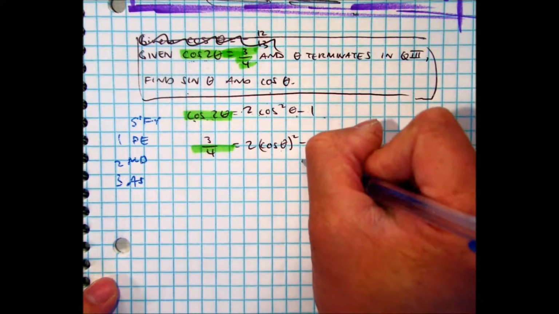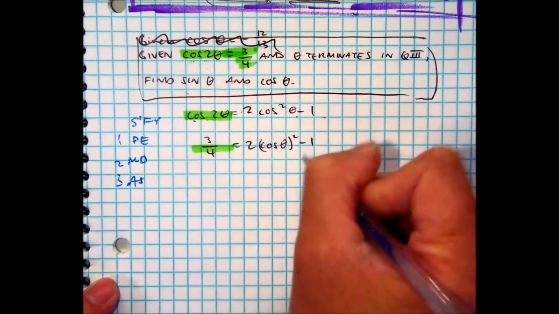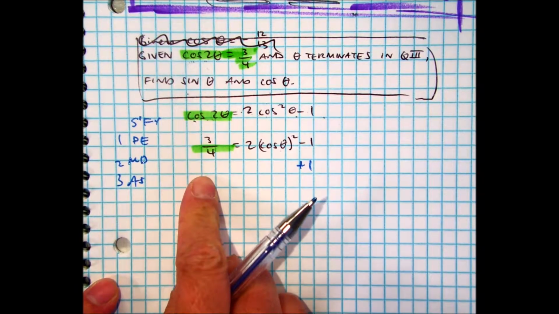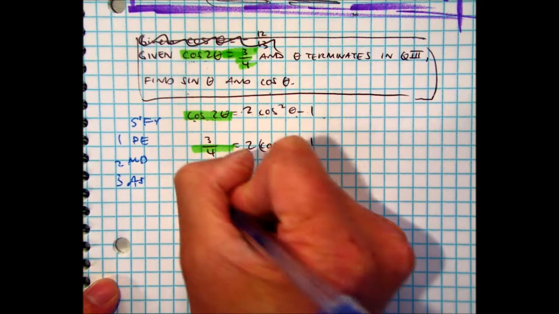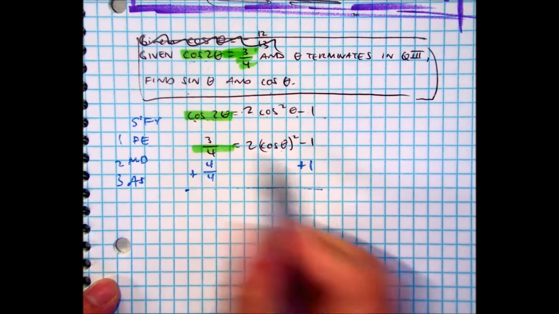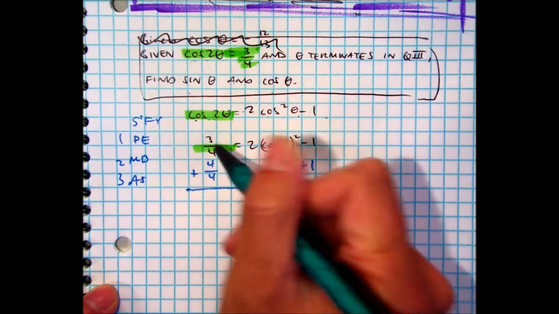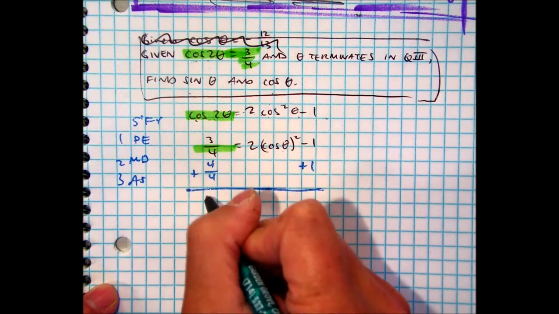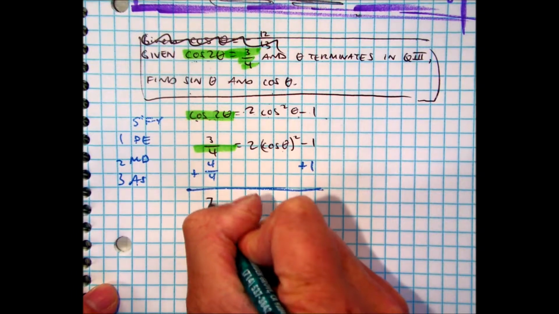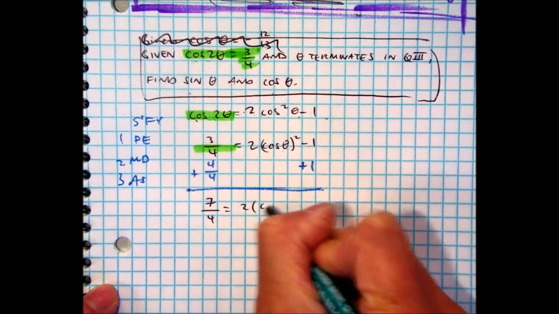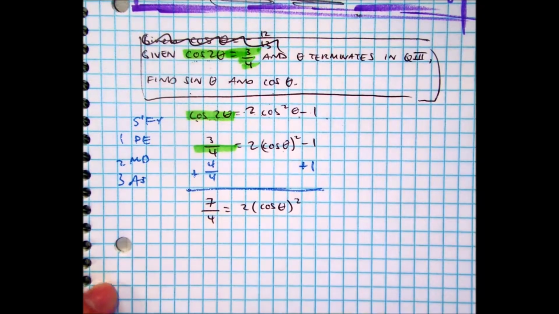Someone said add 1. Pay attention. If I add 1 here, this 1 will become what? 4 over 4. Good. Look ahead, right? When I add 3/4 plus 4/4, I get, just adding the numerators, 7/4 equals 2 times cosine of theta squared.